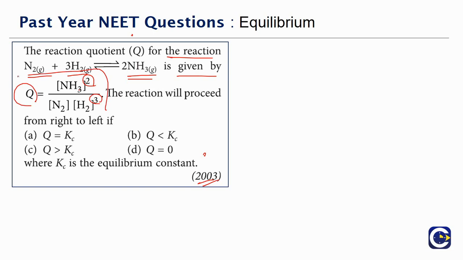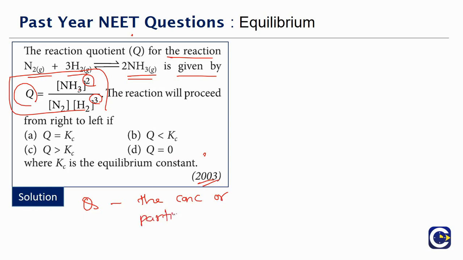Now understand one thing, that the reaction quotient will have the same formula as the equilibrium constant, but the difference is that in the Q formula, the concentrations or partial pressures are taken at any given stage. Like we have Kp and Kc, we can also call it Qc and Qp.